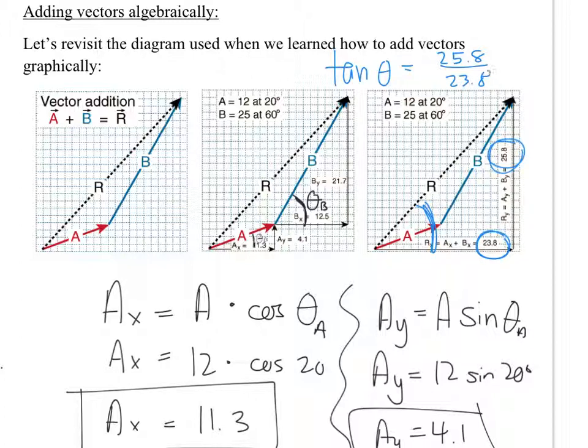Isn't it just vertical over horizontal? The tan function is going to be vertical, 25.8, over horizontal, 23.8. It's opposite over adjacent, yes, but you could start utilizing the fact that it's always going to be y over x, vertical over horizontal. Do the tan inverse to get the value of theta. What do you get for theta?